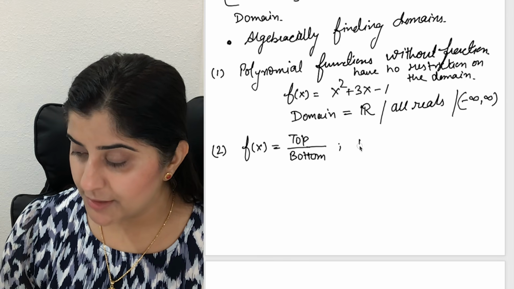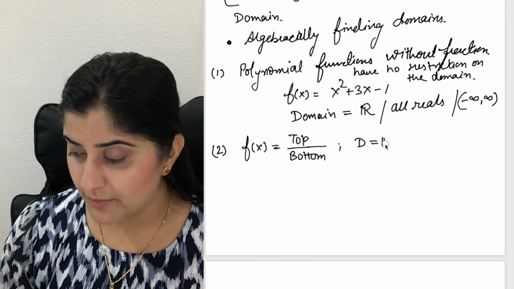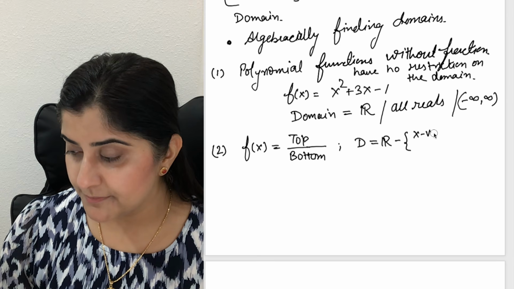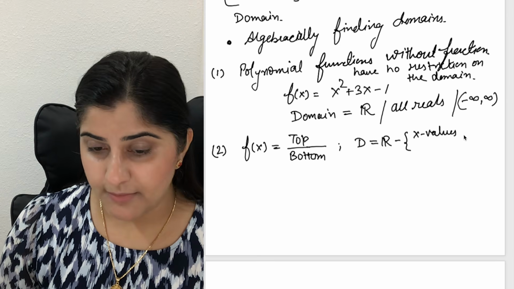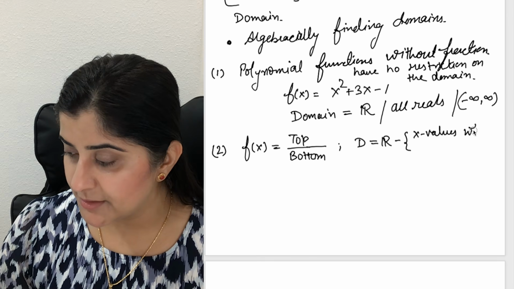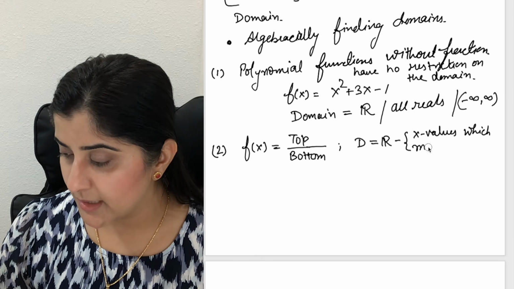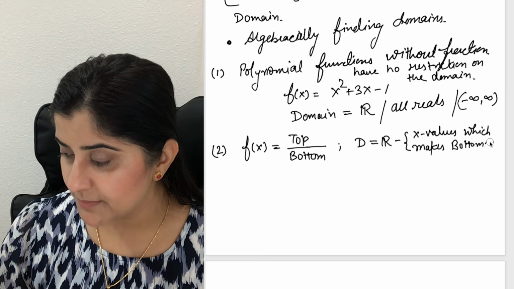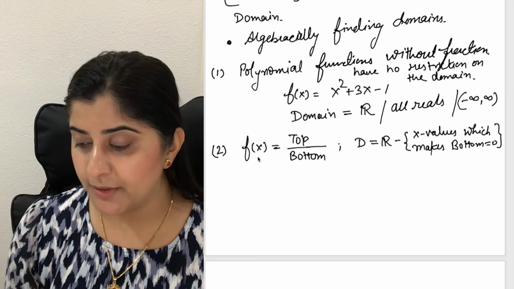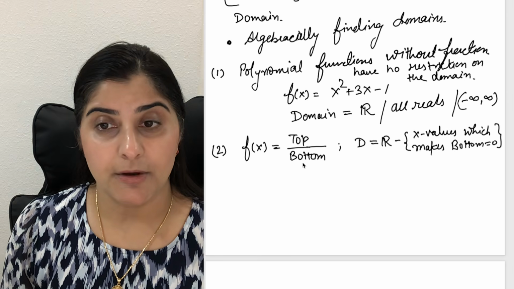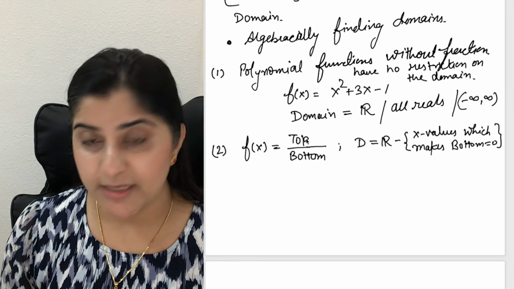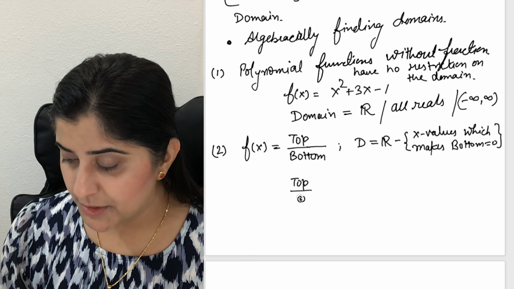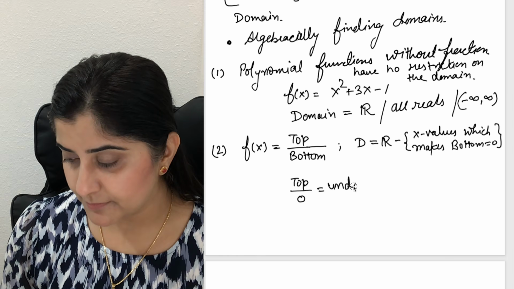So for these functions, the domain will be all real numbers, but we will exclude those x values which make the denominator 0, which make the bottom part 0. Why? Because if you input any x value that makes the bottom 0, what is the output? Top over 0, which is undefined.